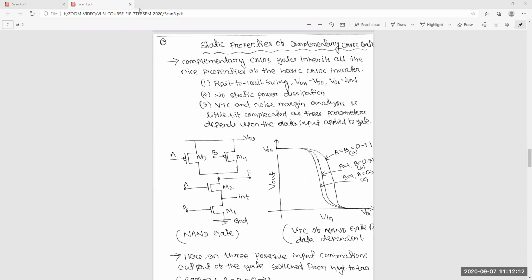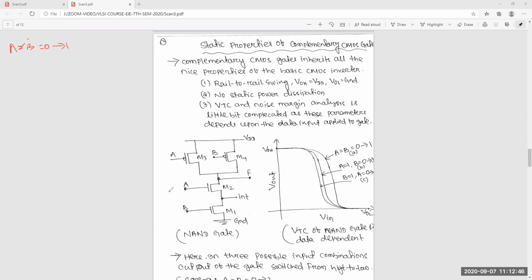The first combination is when A equals B, going 0 to 1.